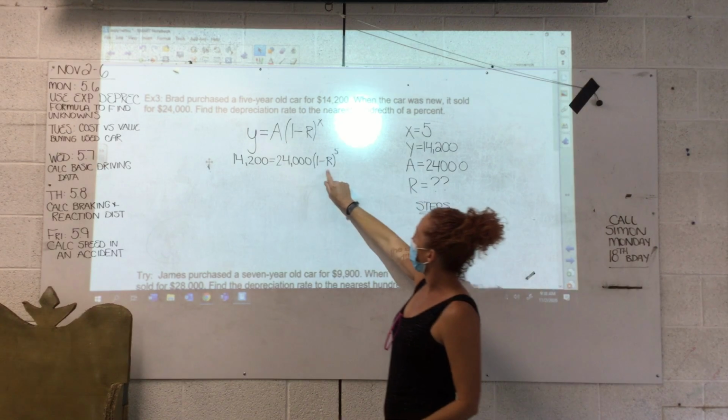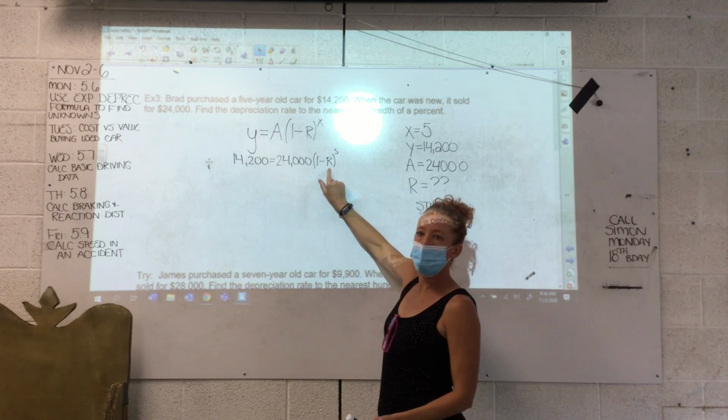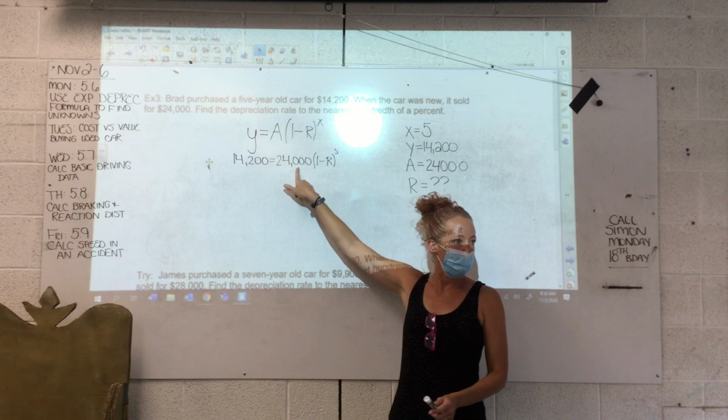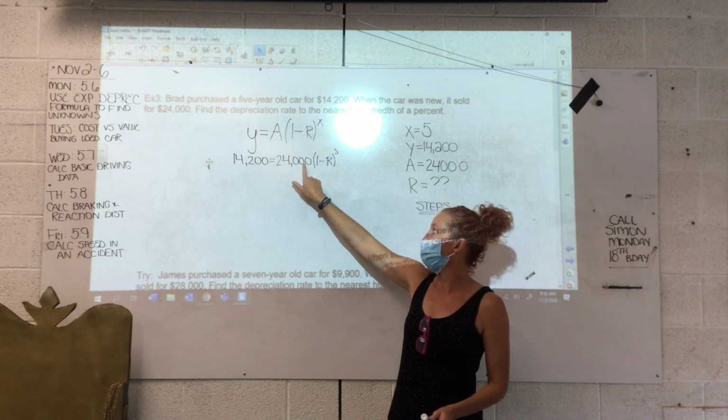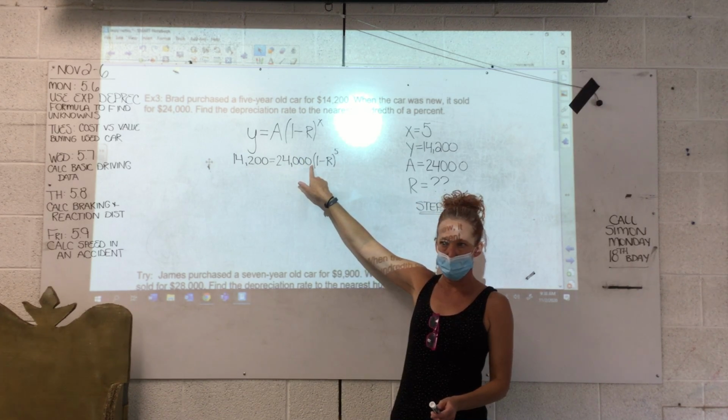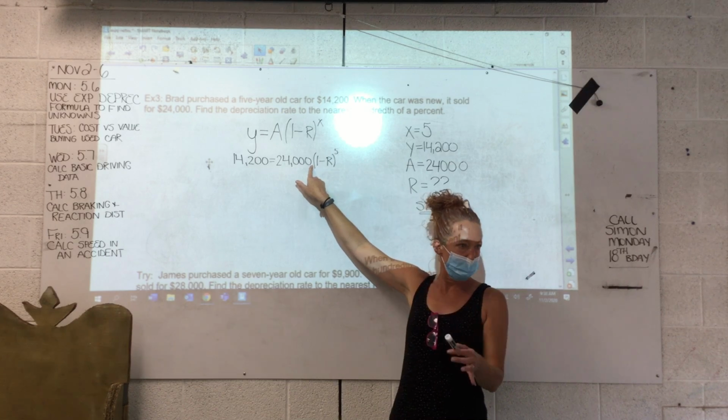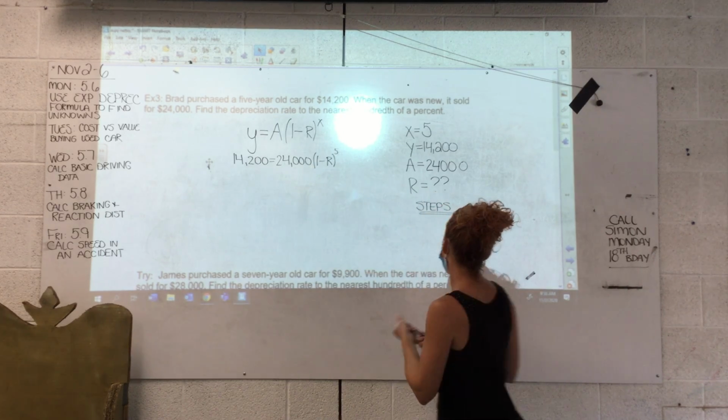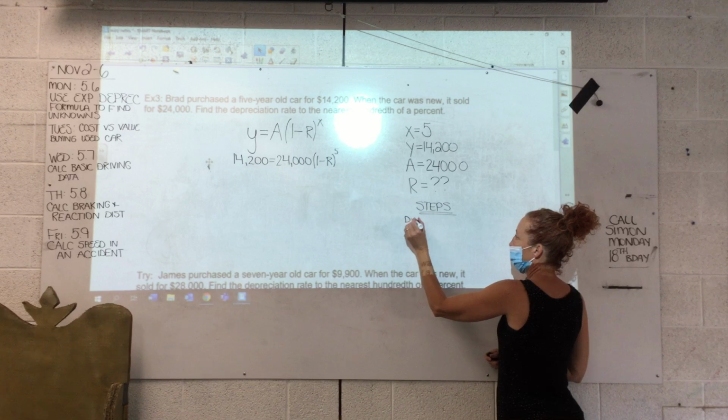This is what we need to get by itself. So the first thing we need to do is get rid of this 24,000. This 24,000 is being multiplied by that parenthesis. What is the opposite of multiply? Divide. So the very first thing we're going to do is divide by A.